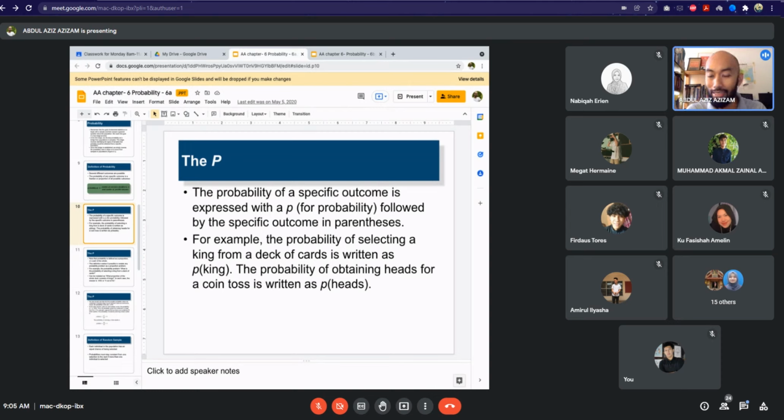So this is the bila you faham statistics always against gambling. Statistics is always against the benda yang tak pasti. Statistics have a very strong numbers and figures for us to hold on.